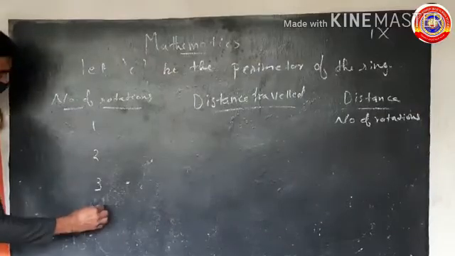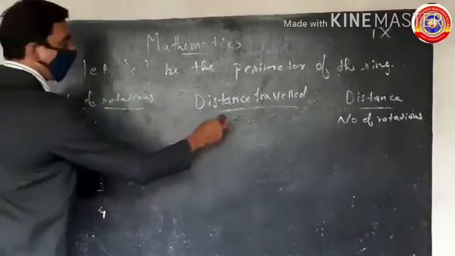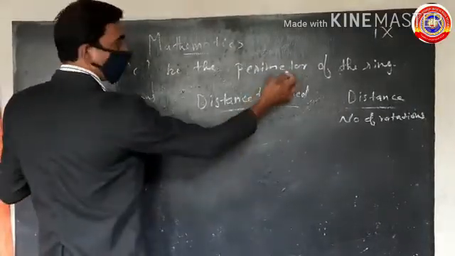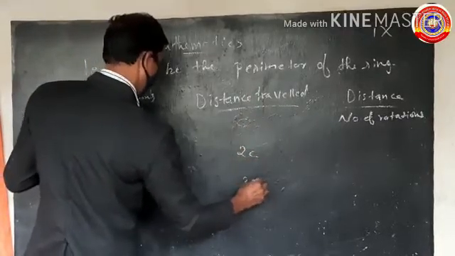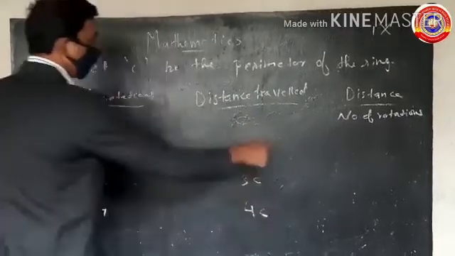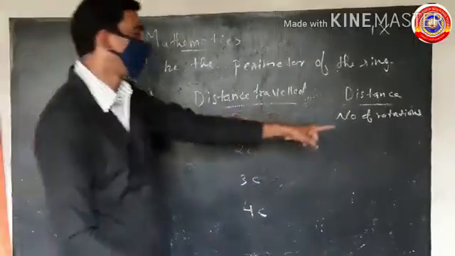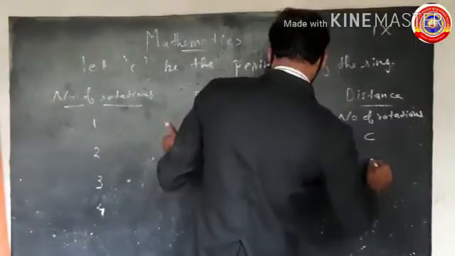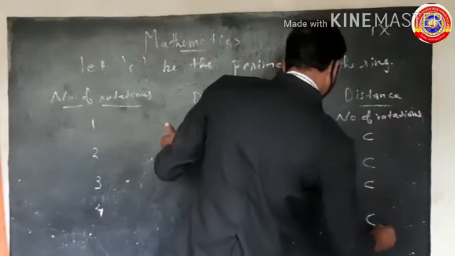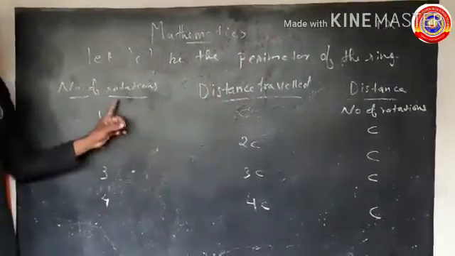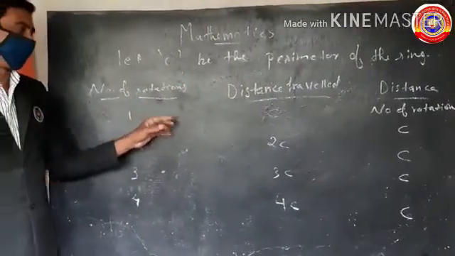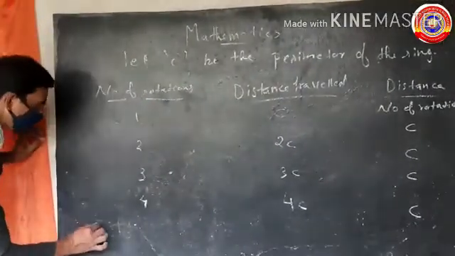Let the number of rotations be 1, 2, 3 and 4. The distance travelled will be C, 2C, 3C and 4C. Therefore, distance by number of rotations is C, C and C. Distance travelled is proportional to the number of rotations.